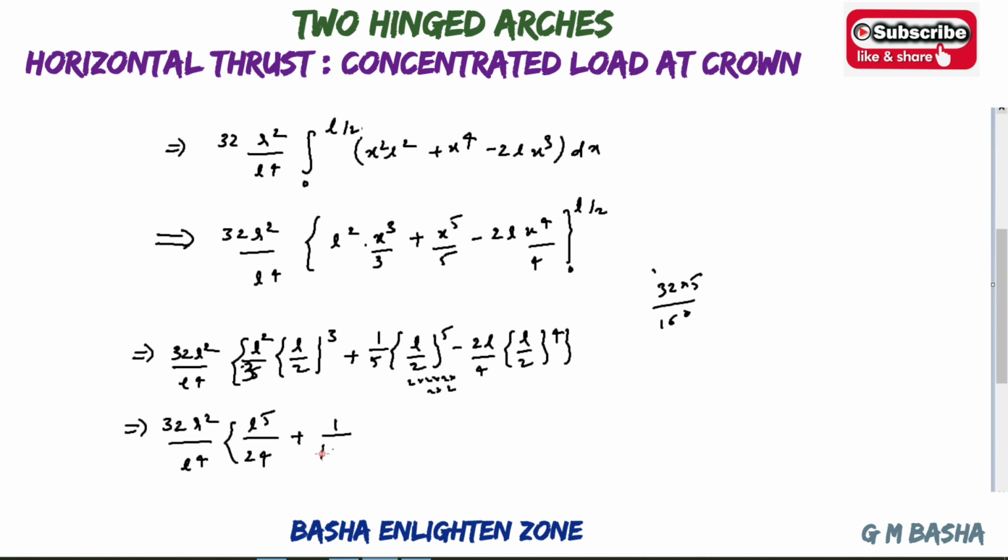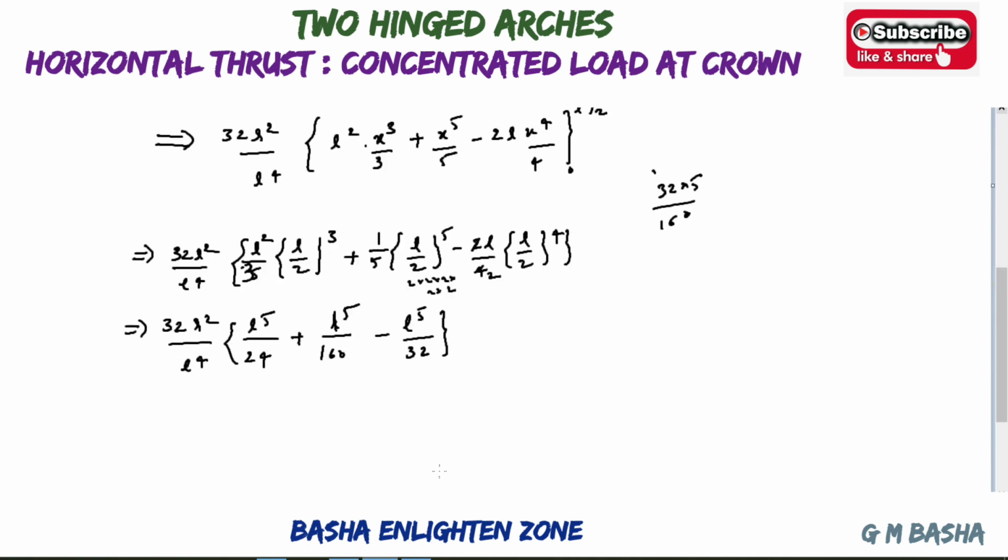So 160 into L to the power of 5 minus 2 and this 2 cancel, and again L power 4. So L into L power 4, that is L power 5. 2 to the 4, 4 to the 8, 8 to the 16, 16 to the 32.